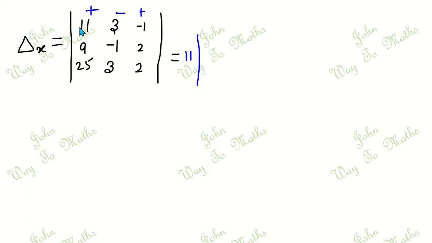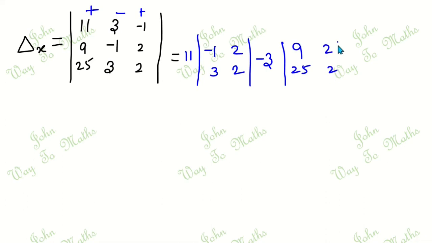So 11's row and column will be eliminated. So remaining entries minus 1, 2, 3, 2, then minus 3 of, so first row will be eliminated, second column will be eliminated. So remaining entries 9, 25, here 2, 2, then minus 1's row and column will be eliminated, then remaining 9, minus 1, then 25, 3.